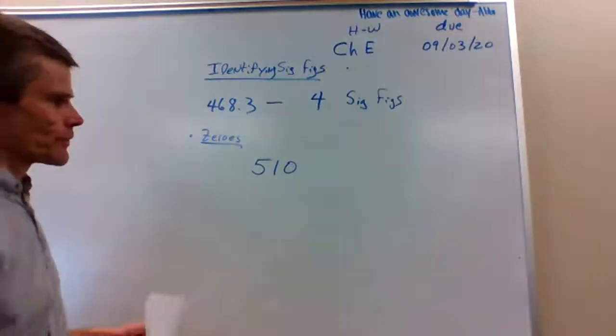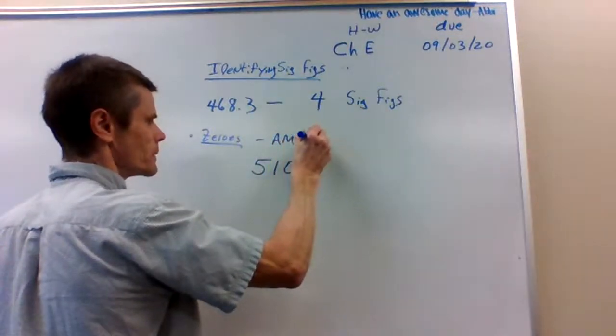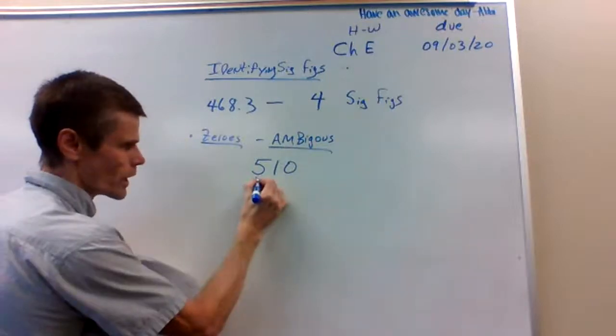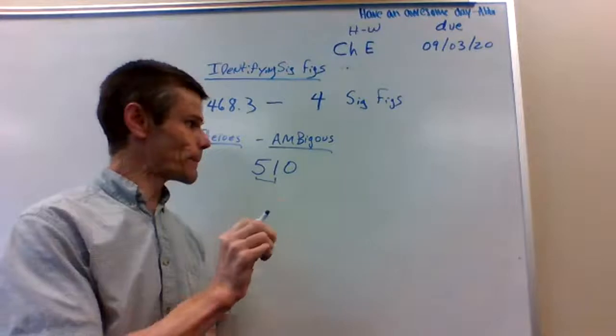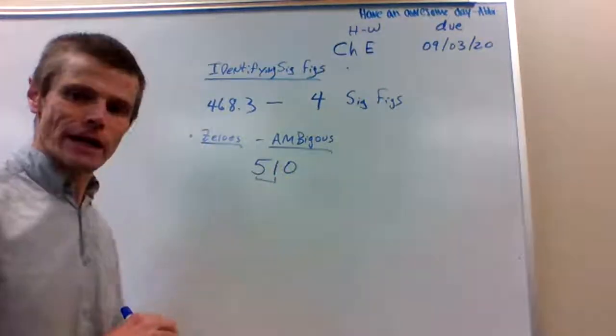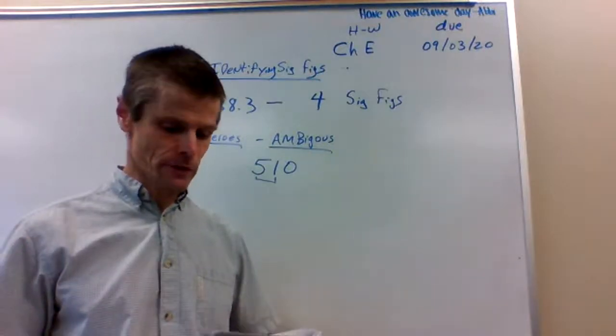For this case, it's ambiguous, but there is some certainty. We do know that those 2 are significant. This number has at least 2 significant figures. Since there is no decimal, we're not sure. So it's an ambiguous case.